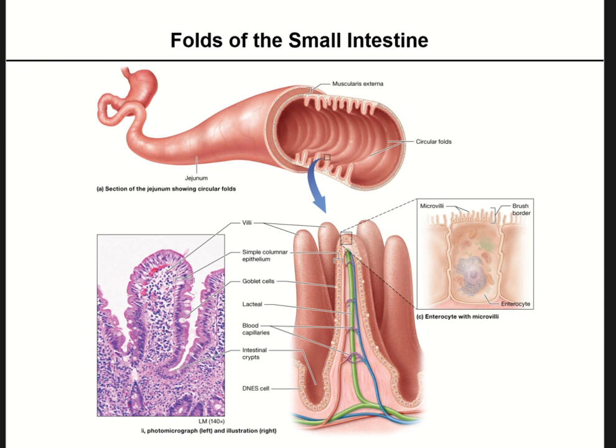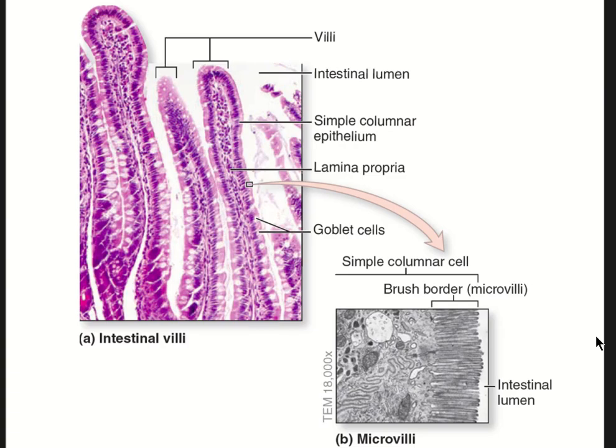I just had a brain fart there. Your plasma membrane of the enterocytes. So you're going to have hundreds, sometimes thousands of these things on each enterocyte. So again, you really can't see it till you get to an electron microscope.